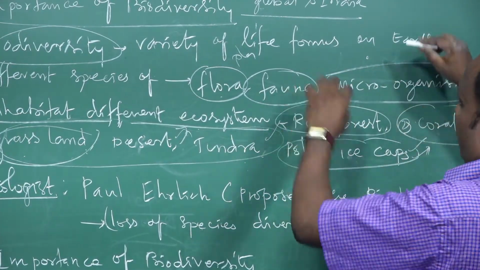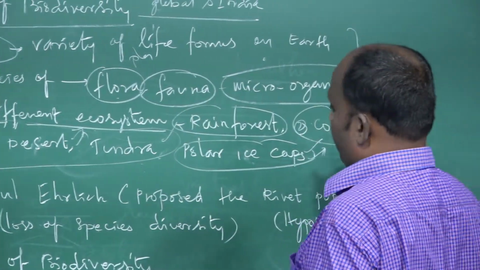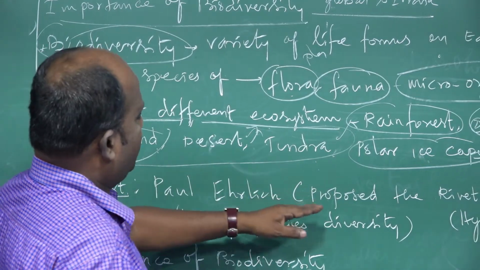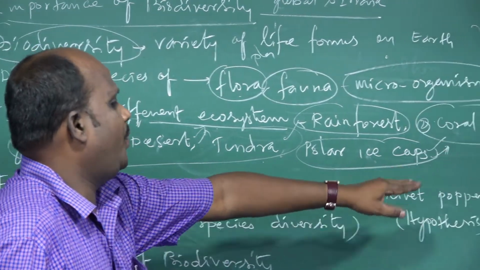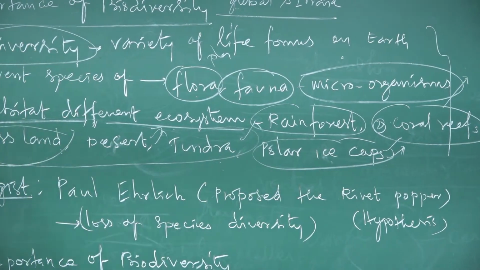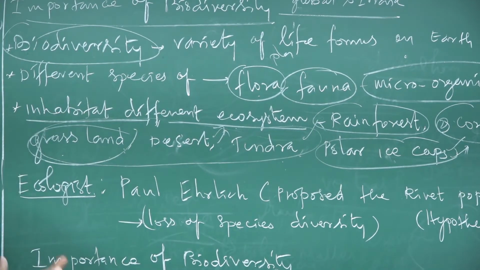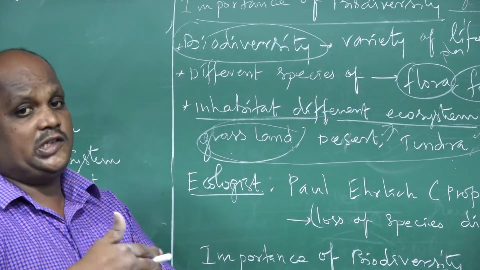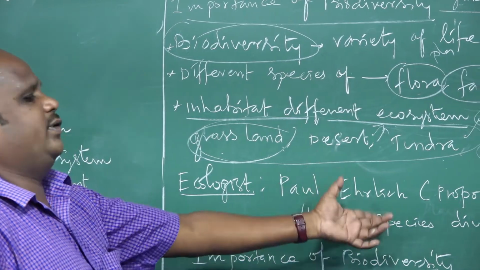Next one, that all the network systems are verified by the another scientist, Paul Ehrlich. He proposed the rivet popper hypothesis. Rivet popper hypothesis means loss of species diversity, I mean the richness of species diversity, loss from the ecosystem.